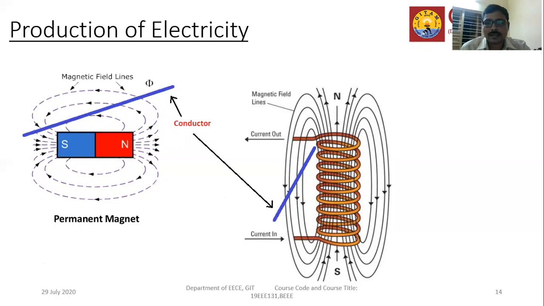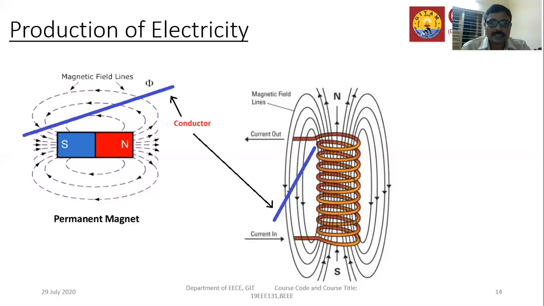On the other hand, if you keep the conductor stationary and move the magnet so that there will be induced EMF in the conductor, that EMF is called statically induced EMF. Please remember these two terms: dynamically induced EMF and statically induced EMF.